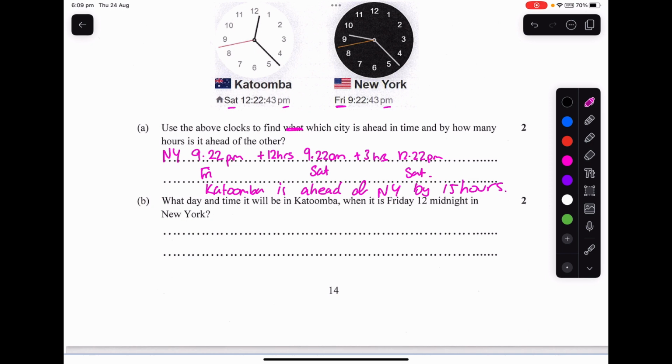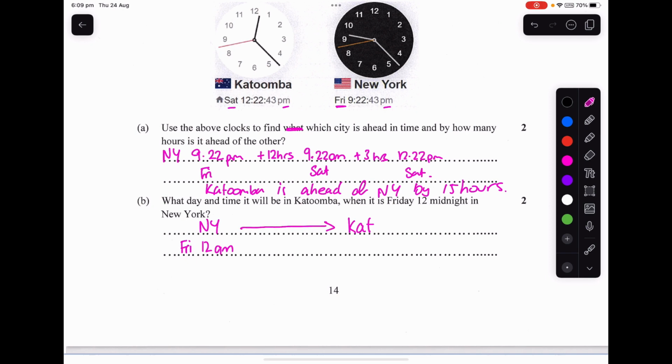What day and time will it be in Katoomba when it is Friday 12 midnight in New York? Okay, so if it's New York and it's Friday 12 midnight, so AM. And then we want Katoomba. So between the two of them, it's 15 hours difference.